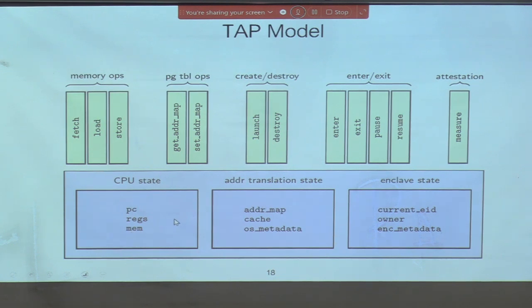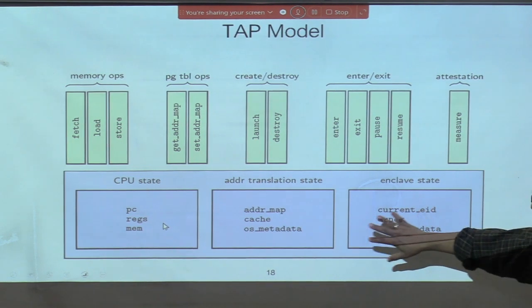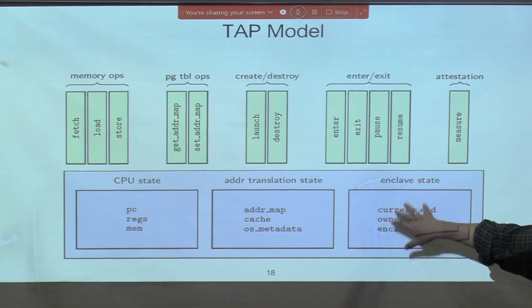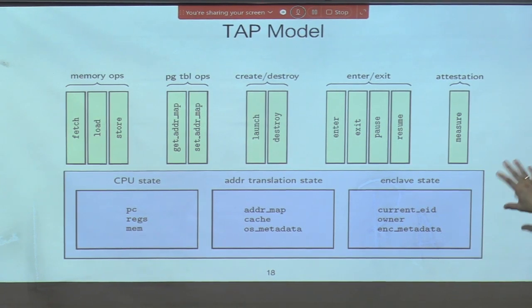In a typical ISA level specification, you would not specify the impact of those operations on microarchitectural state or other metadata, but here we do.